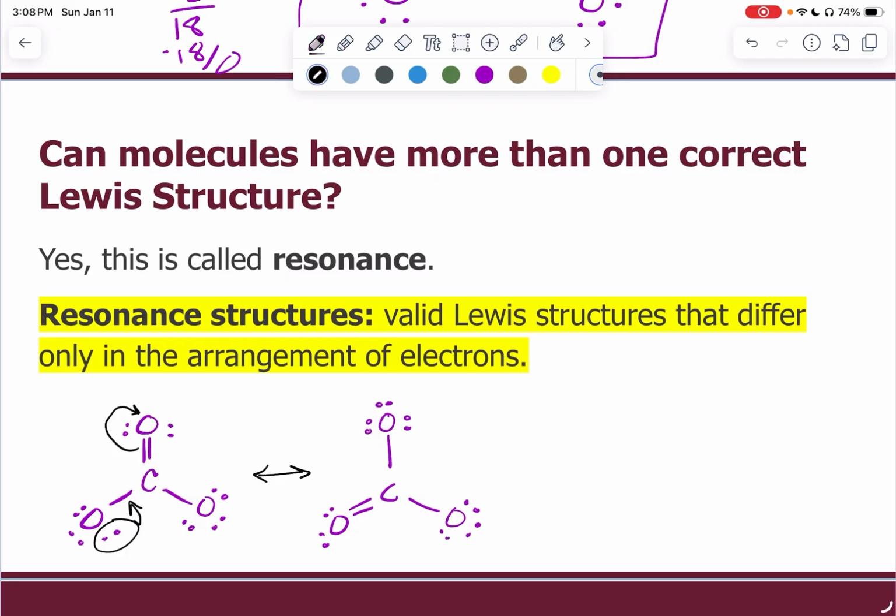All right, I can do the same thing. I can say, well, let's take that pair of electrons, let's move it back. Oh, wait, no, that's not what I want to do. Sorry. All right, so same thing. I could take from the other terminal oxygen and push these electrons here and then push these back and redraw.